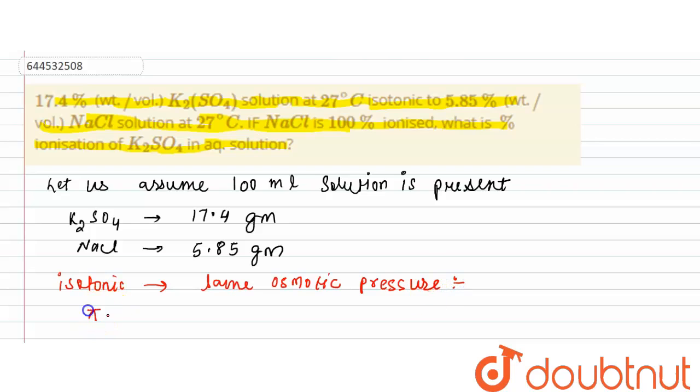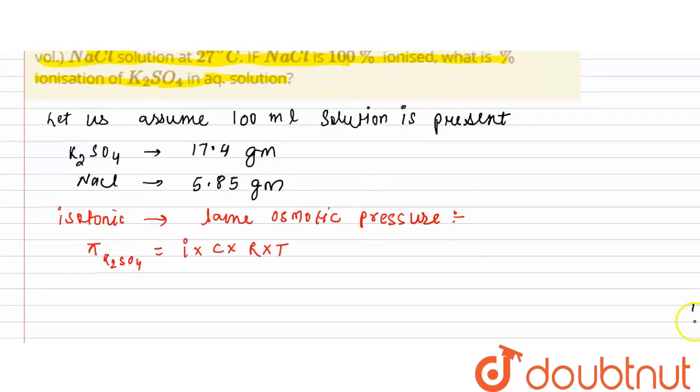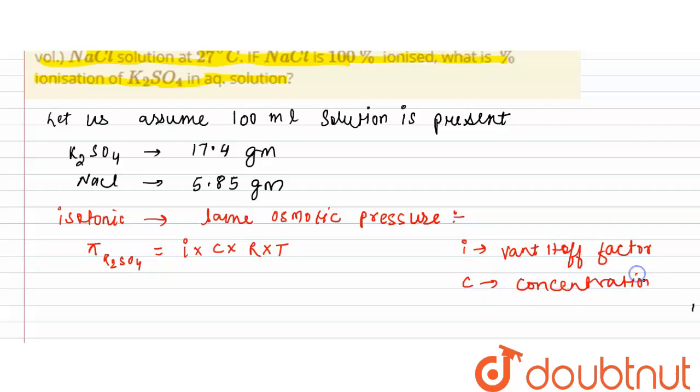So let's say pi of K2SO4 will be I into C into R into T. Now what is here I? I is the Van 't Hoff factor. And C is the concentration, that is molarity.